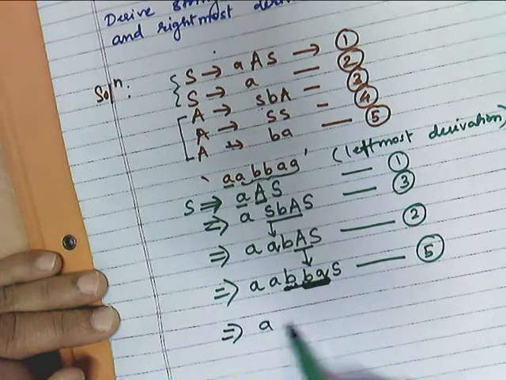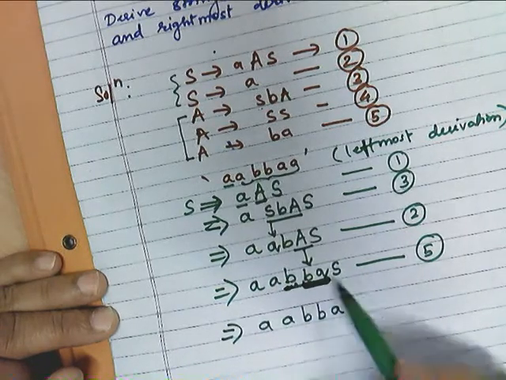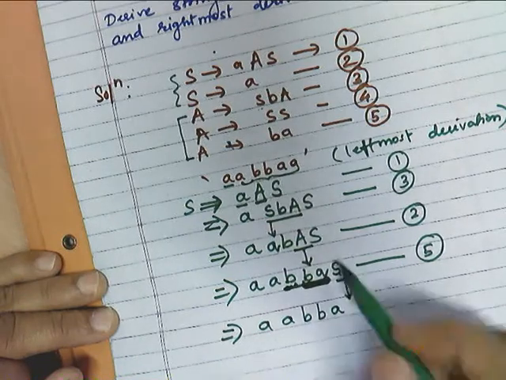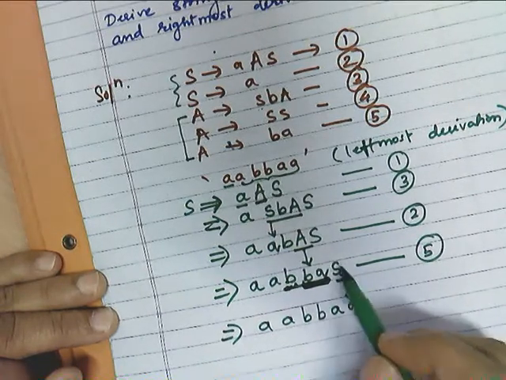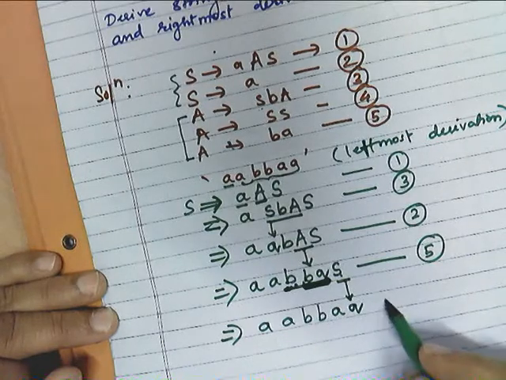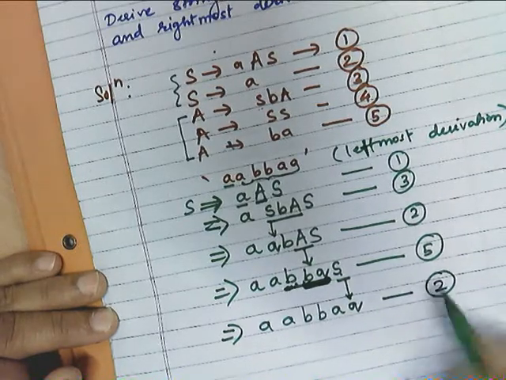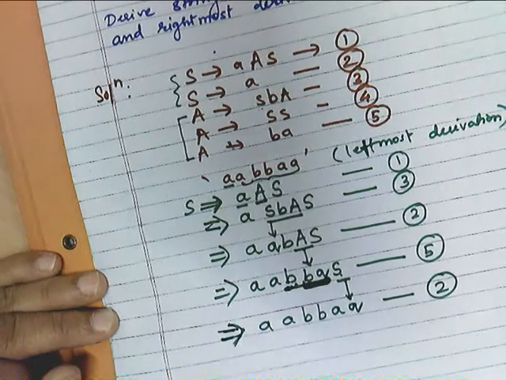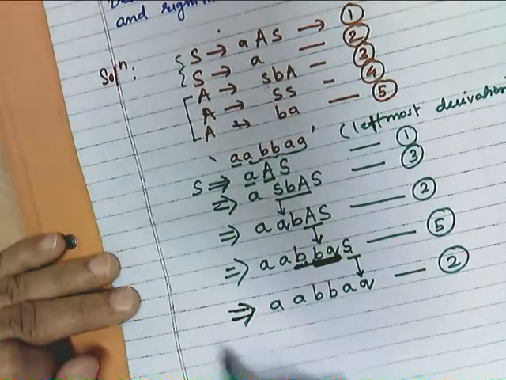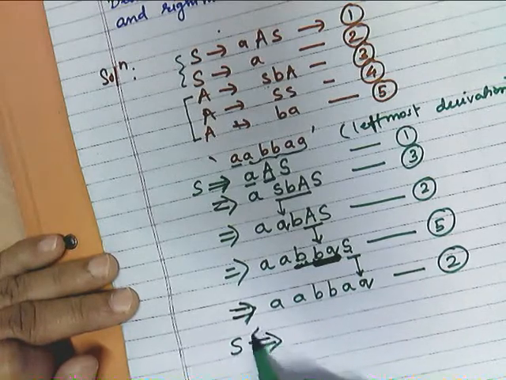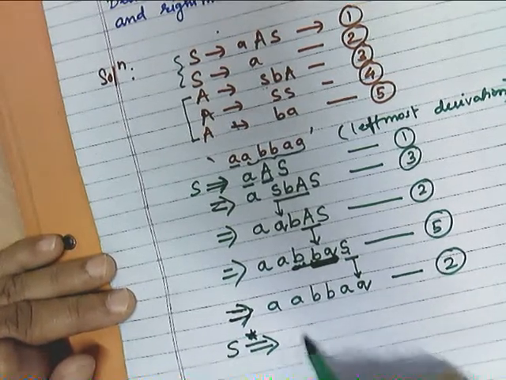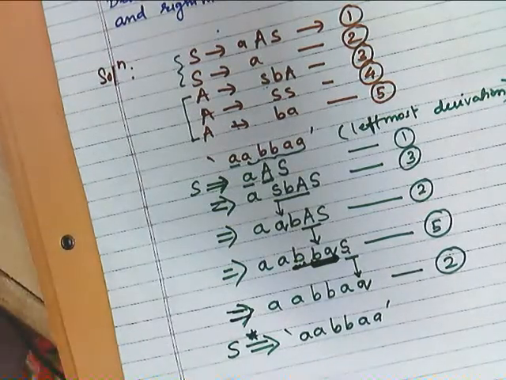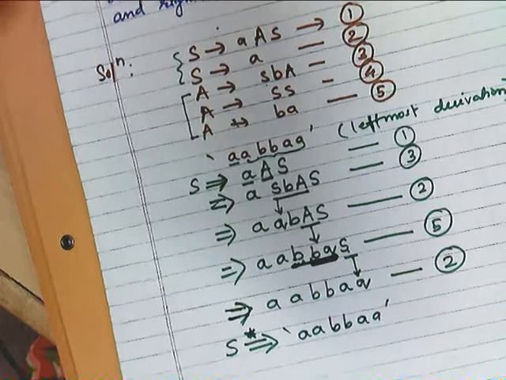So here I will be writing B, A, and here we have a rule 2 which is deriving the small a from the non-terminal S. So using rule 2 again we can get, so finally we have reached the expected derived string. So we can say that S with multiple steps could derive AA. So I hope this is clear using the leftmost derivation.